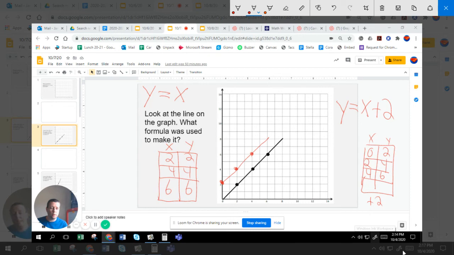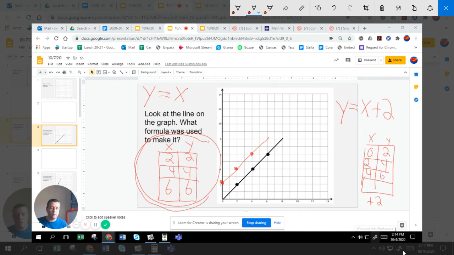Today, what I want you to do is, I'm going to give you the line on some problems, and you're going to have to develop a formula, and on some of the other ones I'm giving you the formula, and I want you to write the line. No matter what order I'm doing these in for you, if I'm giving you the formula or I'm giving you the line, every single problem should have this middle step.